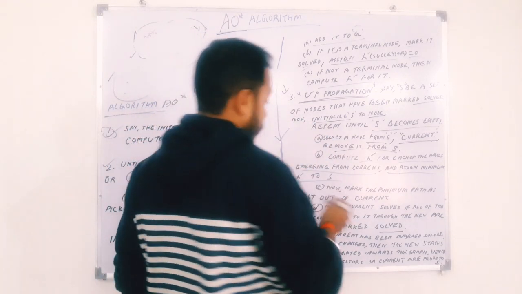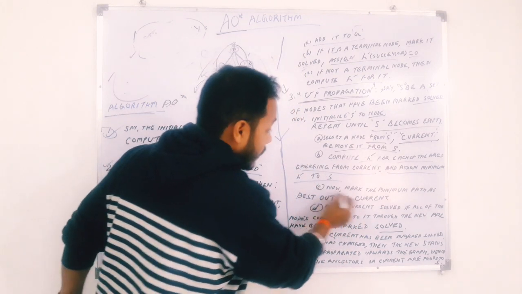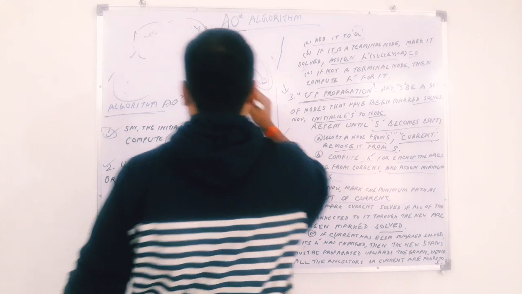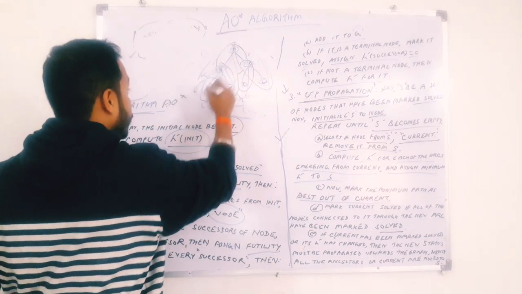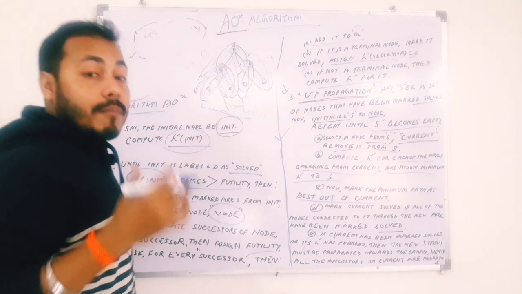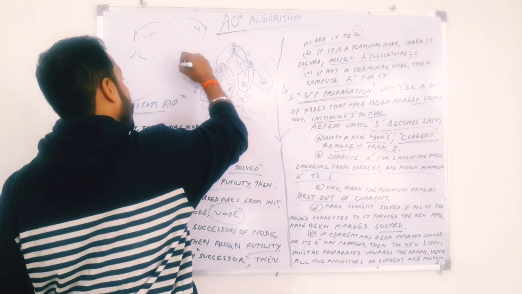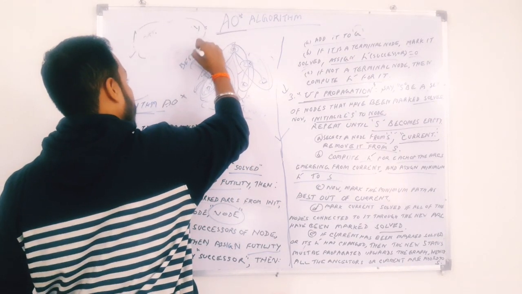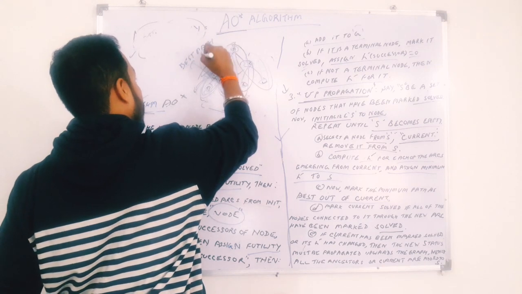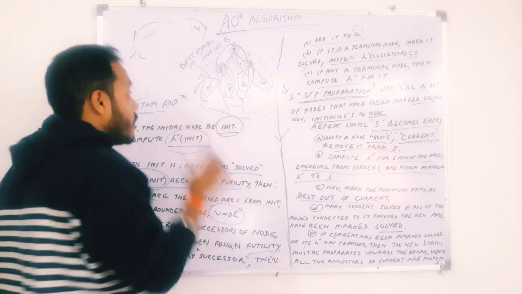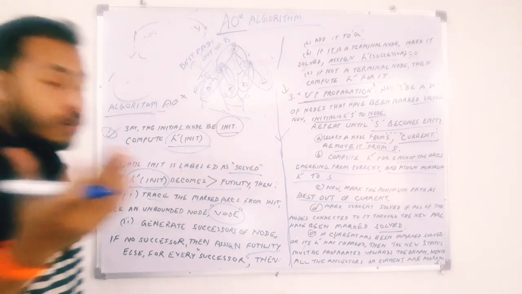Okay, got it. Then now mark the minimum path as the best out of current. If I have found that D is the minimum path, then we'll mark it as the best path out of B, because it has been involved with minimum cost. Clear?